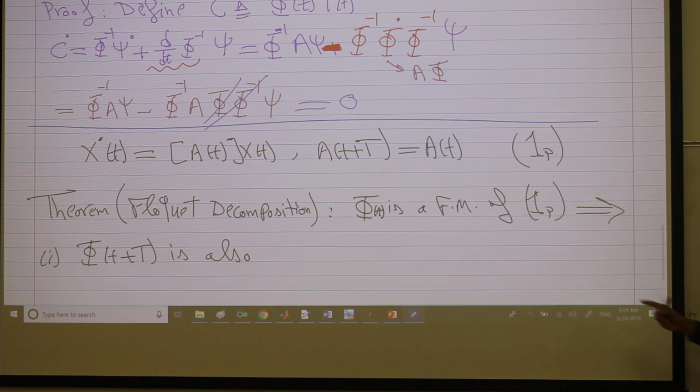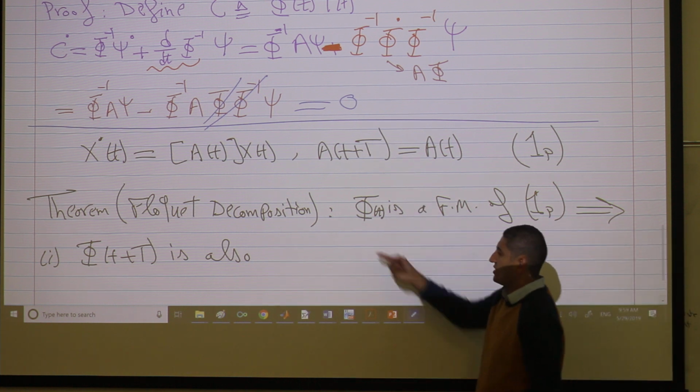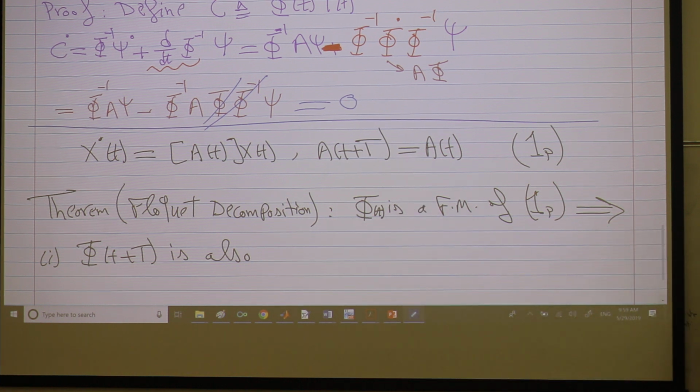Remember, phi of t, the solution of a periodic system, is not necessarily periodic for sure. It may diverge, may converge to the origin, may keep orbiting, so it's not periodic. So this is saying that phi of t plus large T is also a fundamental matrix.